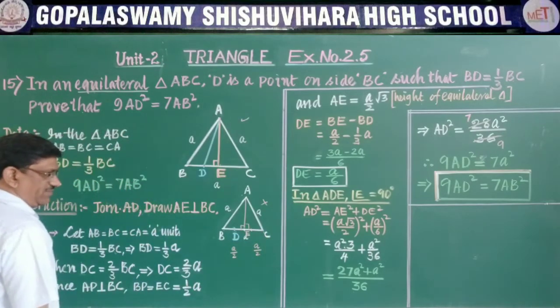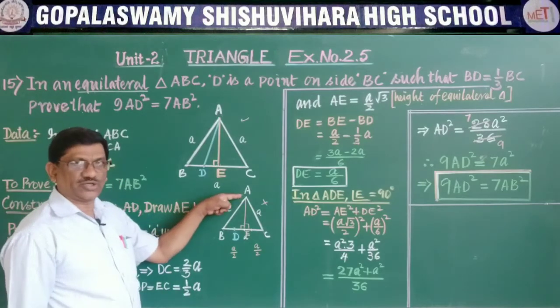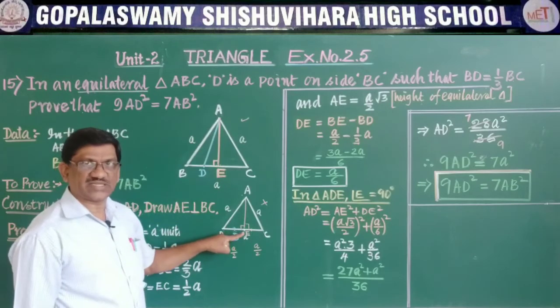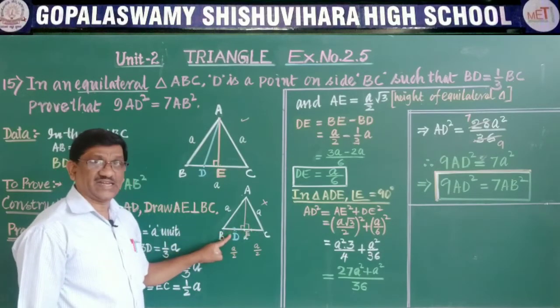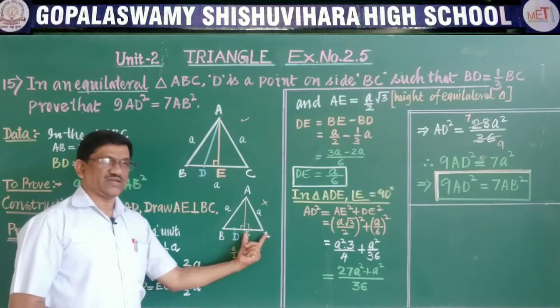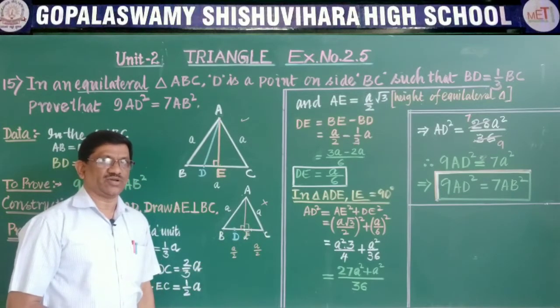Clear, children? That means a perpendicular drawn in an equilateral triangle to its opposite side bisects the side. Bisect means it divides equally. That is BE is equal to EC. That point you have to remember.